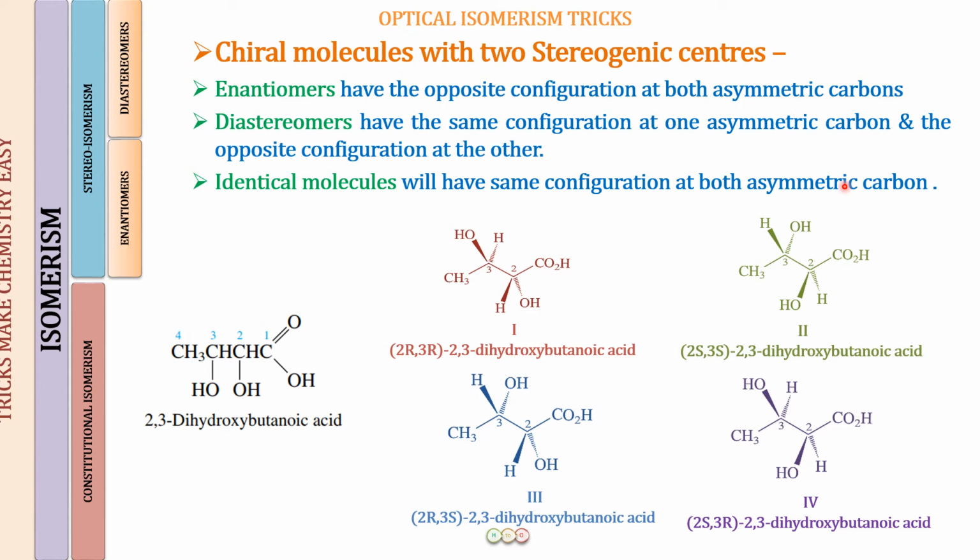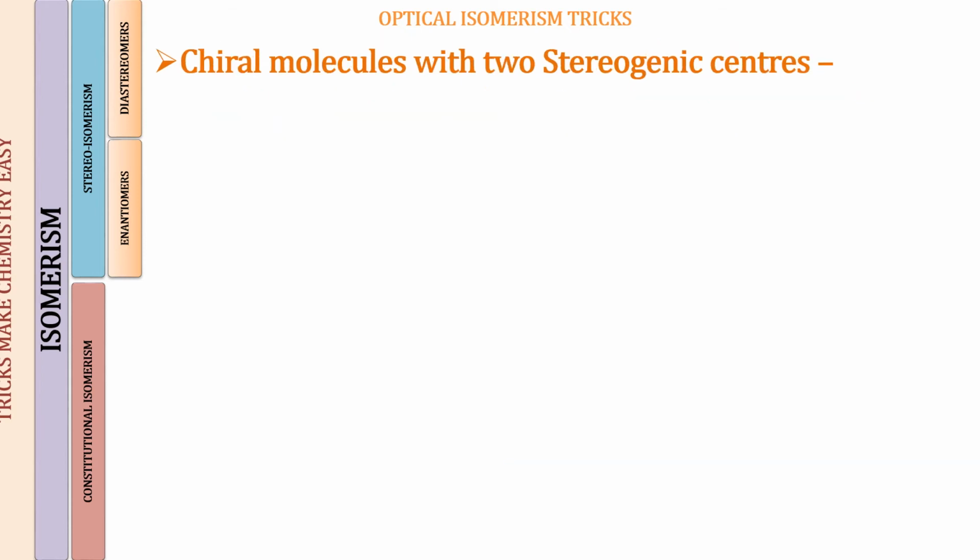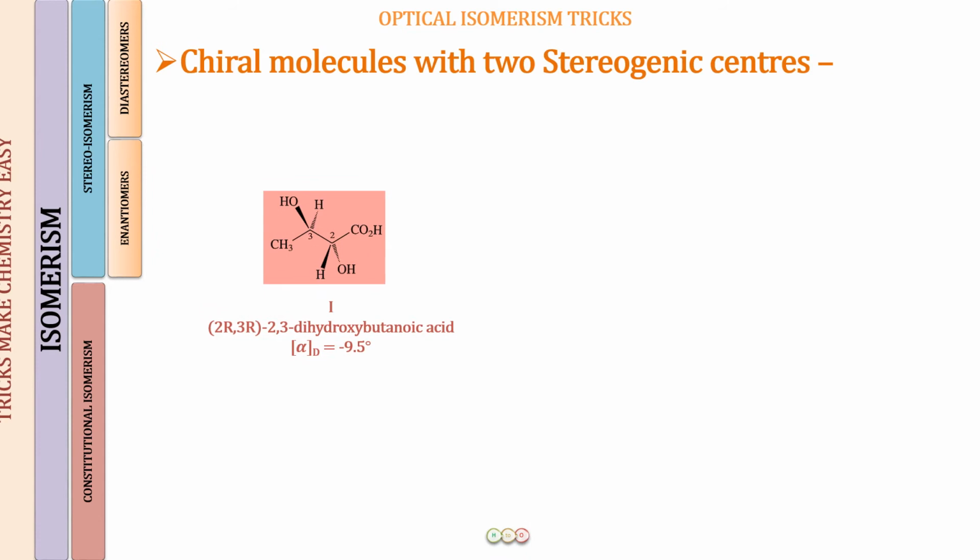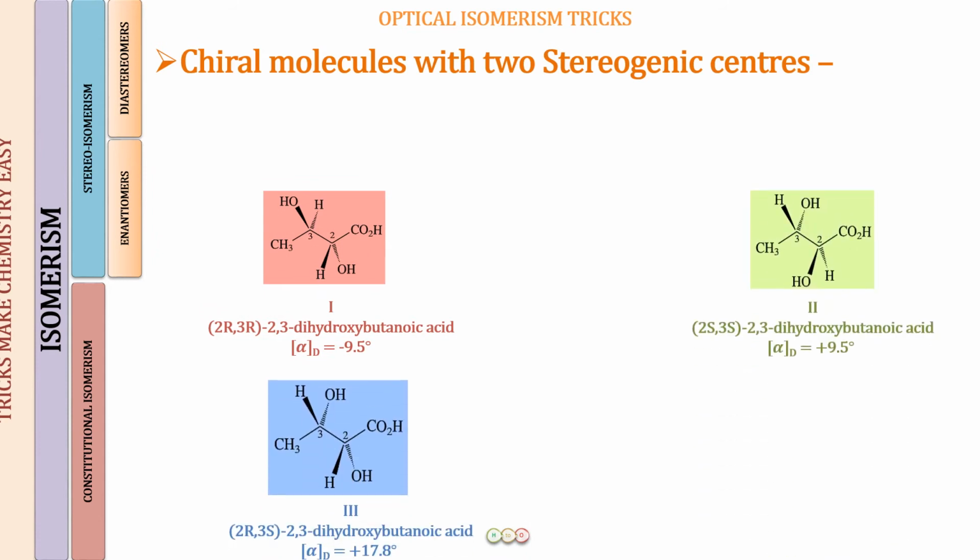So now from these 4 structures, looking at the configurations one by one, we will identify which are enantiomers, diastereomers and identical molecules. So these are the 4 structures: structure number 1, structure number 2, structure number 3 and structure number 4. First of all, when we compare structure number 1 with structure number 2, what we find is at chirality center C2, there is an R configuration and here this is an S configuration.